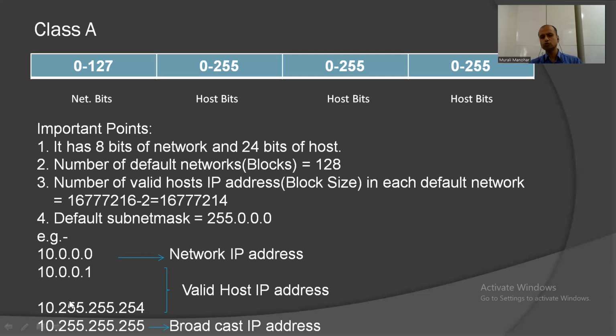And from this value to 10.255.255.254, all these IP addresses will be valid host IP addresses. And the very last IP address will be 10.255.255.255. This IP address will work as the broadcast IP address in this network. So this is class A.